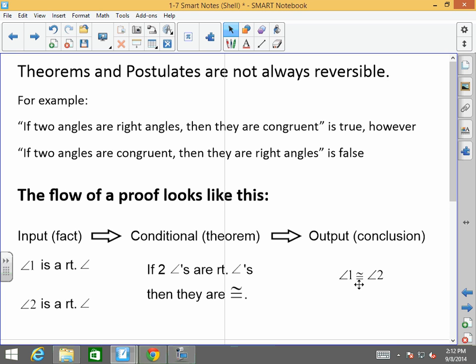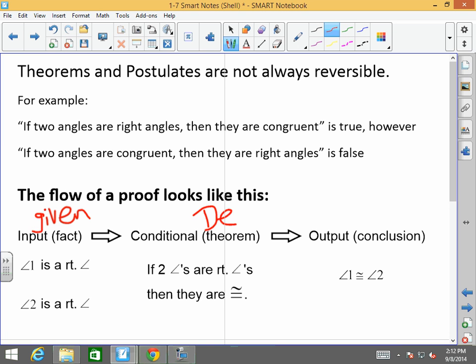There's always going to be an input, and that input is usually the given. The conditional is going to be the theorem or a definition. And the output is the actual proof. That's what you're proving.